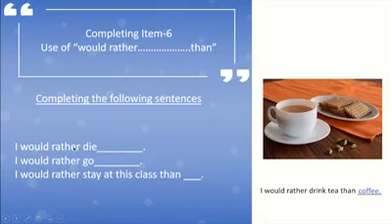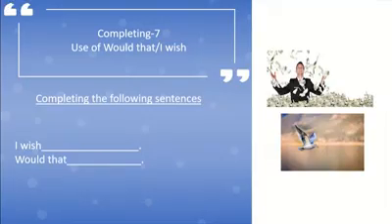By following this structure, we may complete the following sentences. I would rather die than beg. Next example is: I would rather go than wait. And the last example is: I would rather stay in this class than fail.